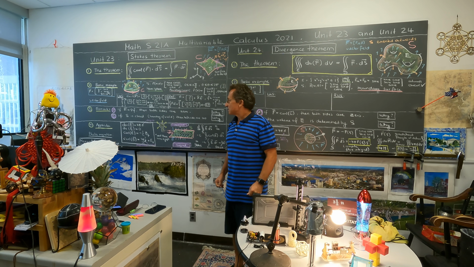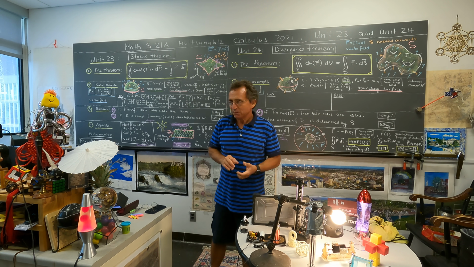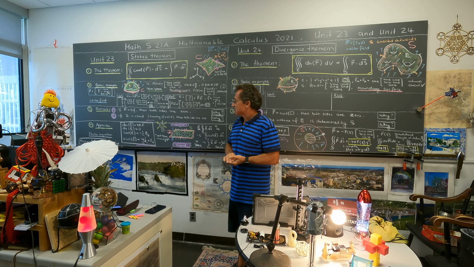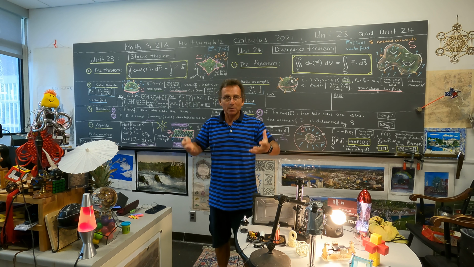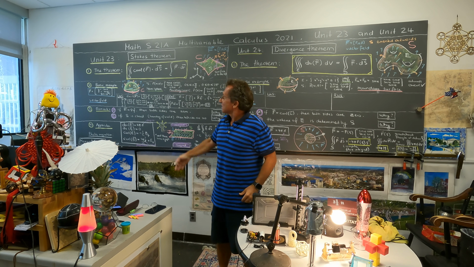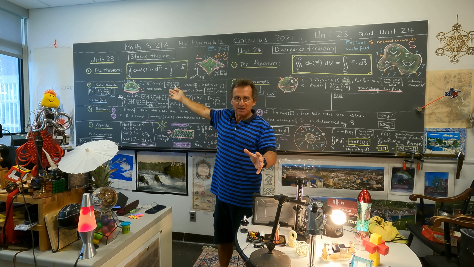Maxwell was motivated by fluid dynamics. He thought in terms of fluids, and was exposed to Stokes' Theorem as a student. He had to take an exam, and one of the problems was to prove Stokes' Theorem. Nowadays we teach it, but at that time it was out of the blue, just an exam problem.